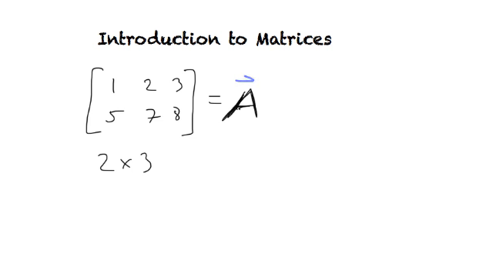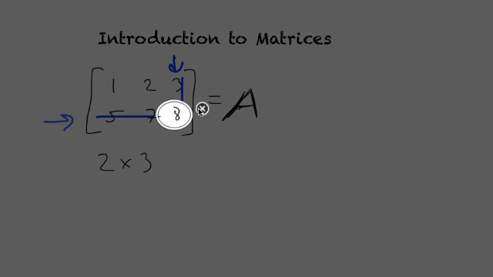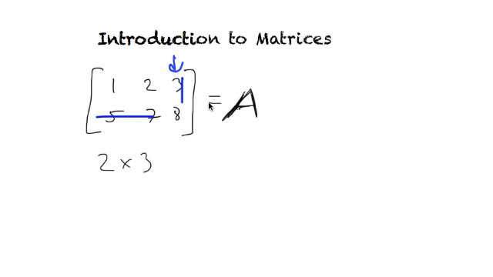Okay, so we have a matrix there, and we have entries in it. We've got a 1, a 2, a 3, a 5, a 7, and an 8. And if I wanted to find the entry in the second row and the third column, then I would go over and down, and I would find that that is 8. Well, we have a specific way of referring to that.